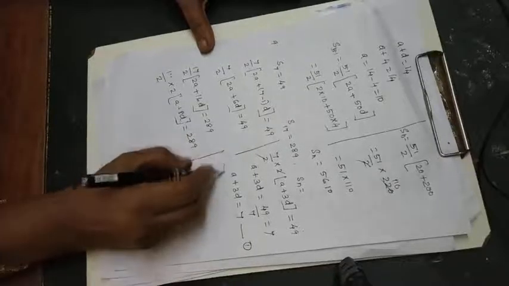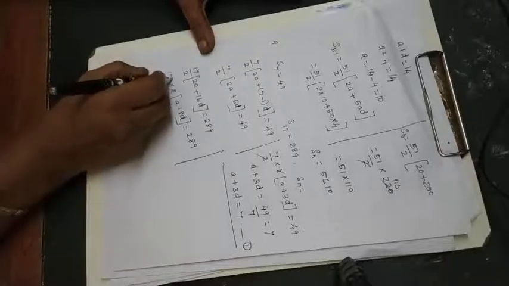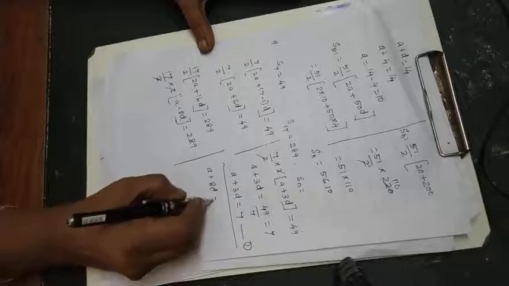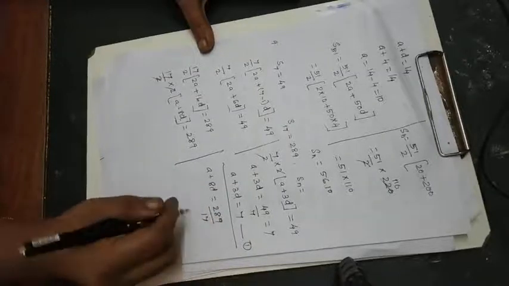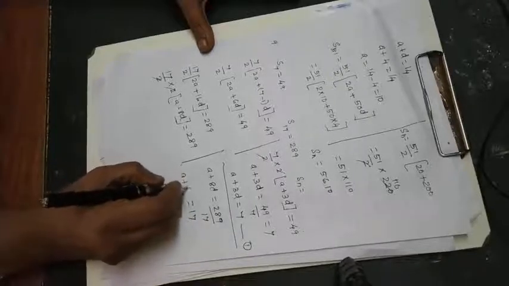The 2 you can cancel. A plus 8D is equal to 289 by 17. So 17 17s are 289. So A plus 8D is equal to 17 you will get.